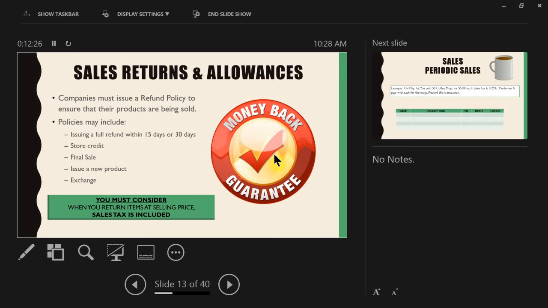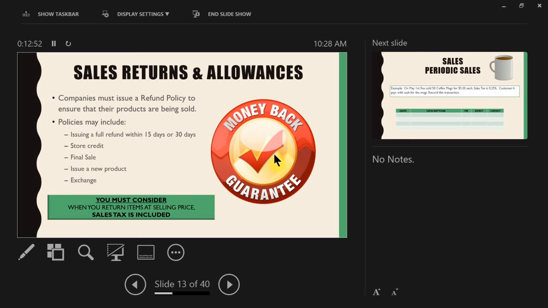That traps the customer from getting their money back, right? Because in this case, you're trapping them within your company, within your store. Other things could be final sale, saying, I'm sorry, no refunds allowed, right? Everything's final sale, okay? Or you can either issue a new product or exchange, right, for a full exchange, okay?